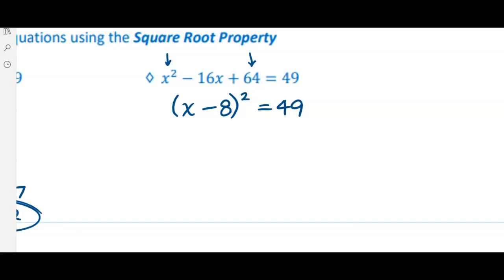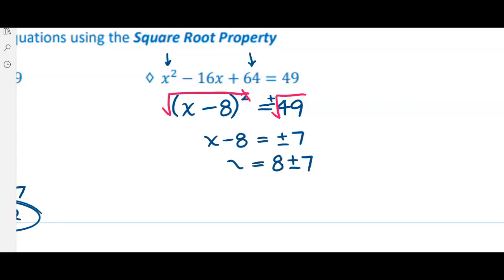To get rid of the square, I have to take a square root of both sides, always putting plus or minus before my number. The square root of 49 is just 7. Then I would add 8 to both sides. So my answer is 8 plus 7, or 8 minus 7.